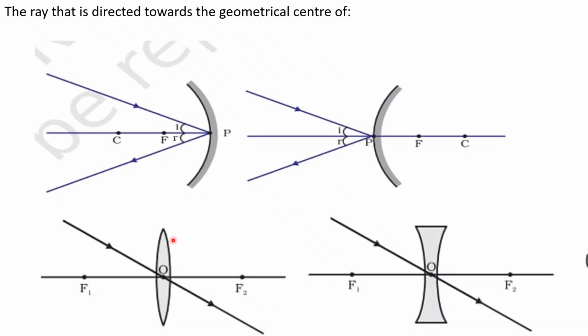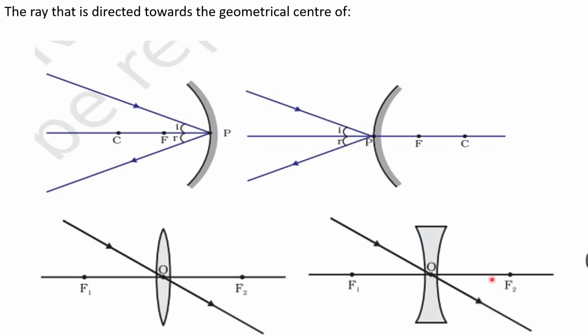Now in the case of lenses, the geometrical center of the lens is the optical center O of the lens. Here, the light ray that passes through the optical center will not suffer any deviation, and it will go in the same straight line path without any bending. See, in both cases, this light ray is not suffering any deviation in its path. Why?